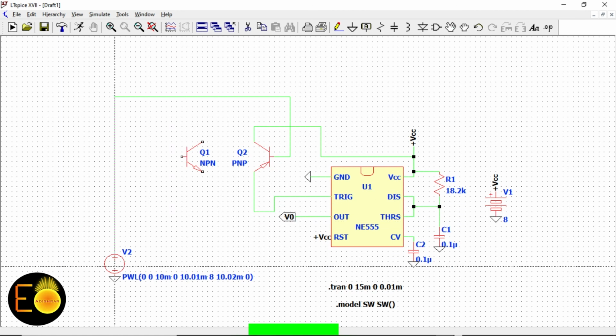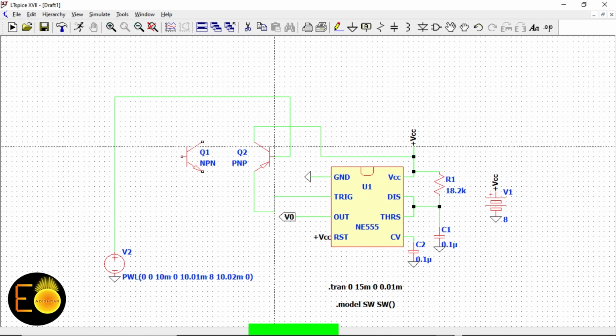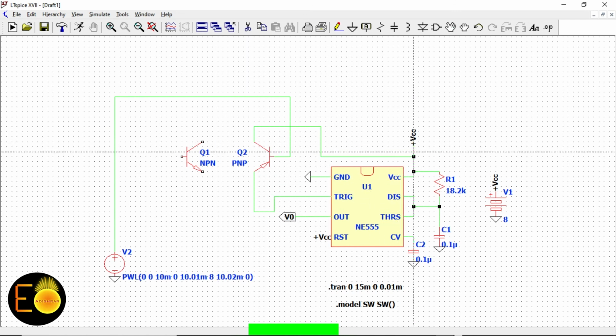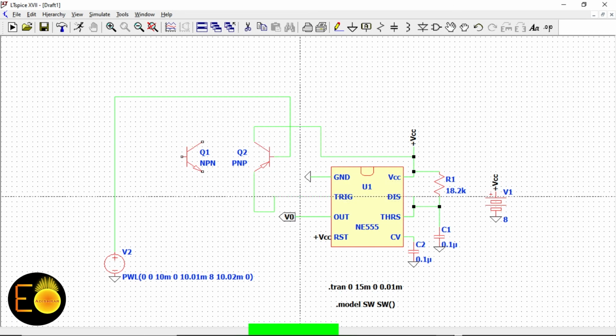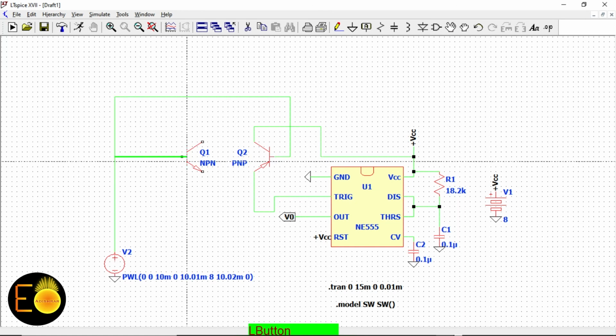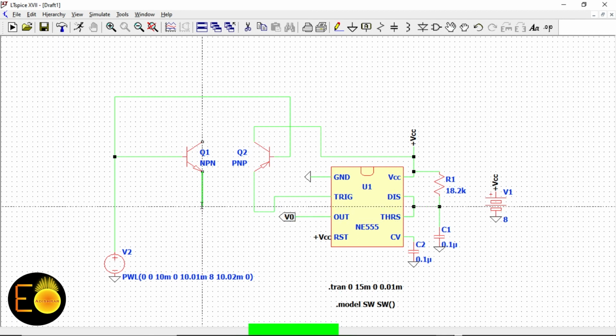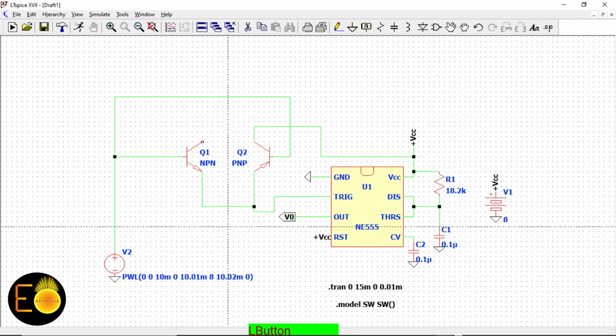So initially, this pulse stays at 0 voltage, and that turns on this transistor, establishing a path between this VCC and this trigger terminal. And when it goes to this +8 volt, then it connects this trigger terminal with the ground.